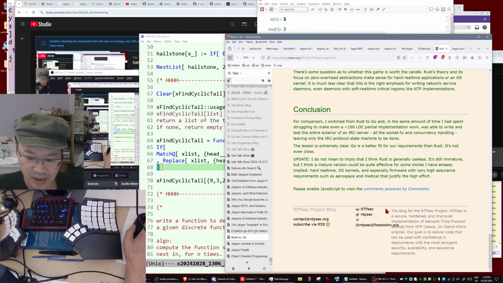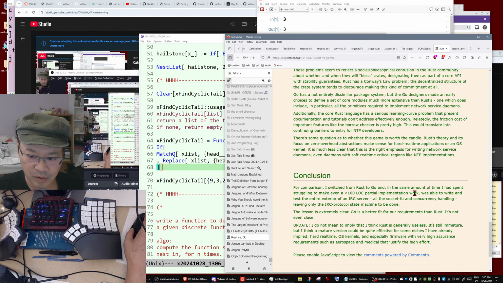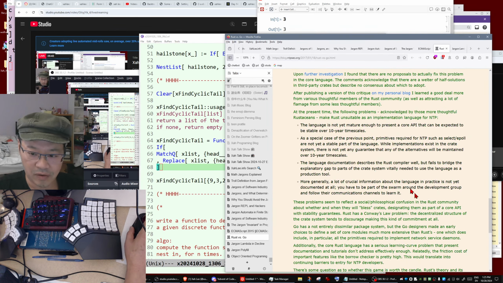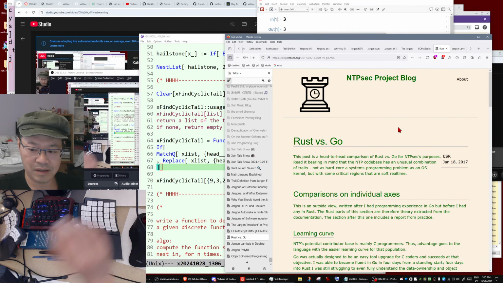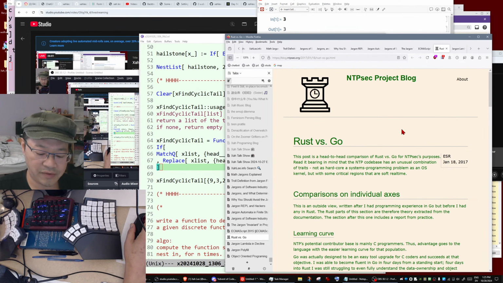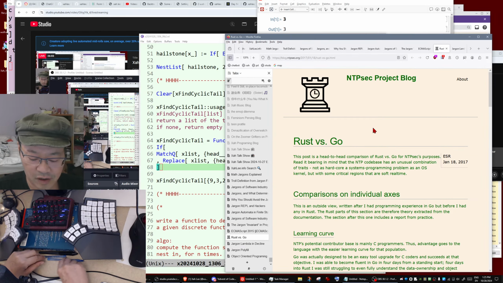I truly despise those programmers who write their blogs but do not clearly indicate when it is written. There it is. ESR, January 2017, Rust versus Go. Okay, good. He has a date there. So this is 2017, which is 7 years ago.